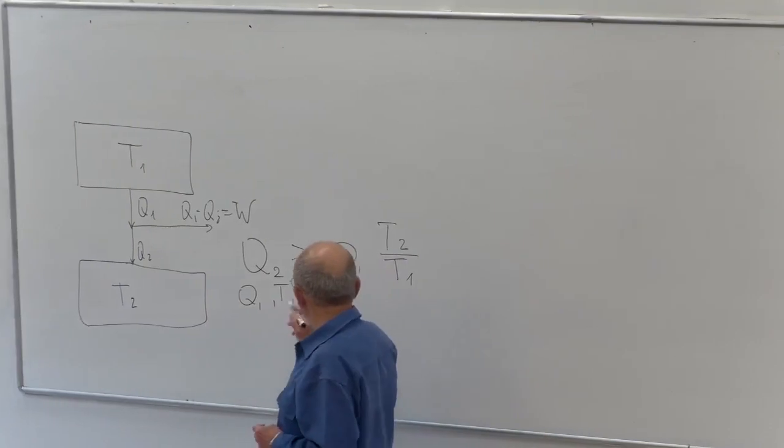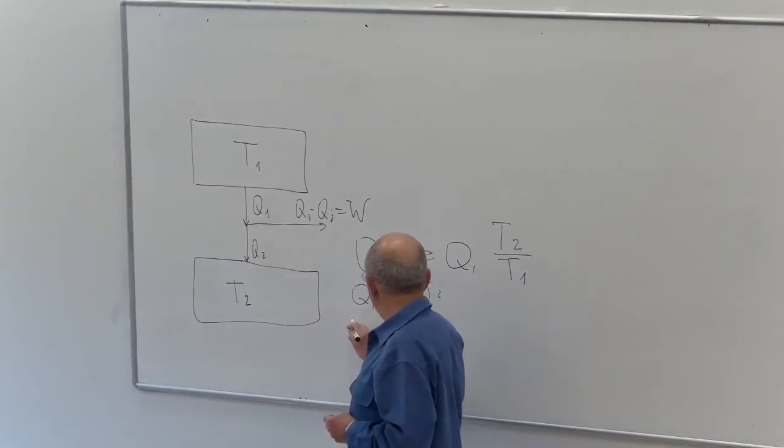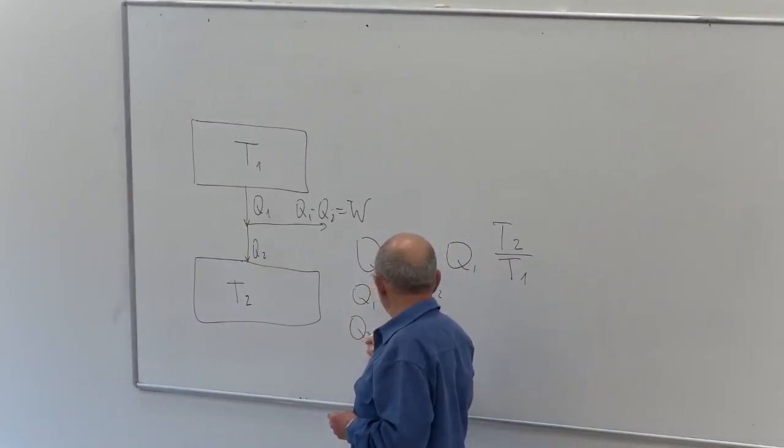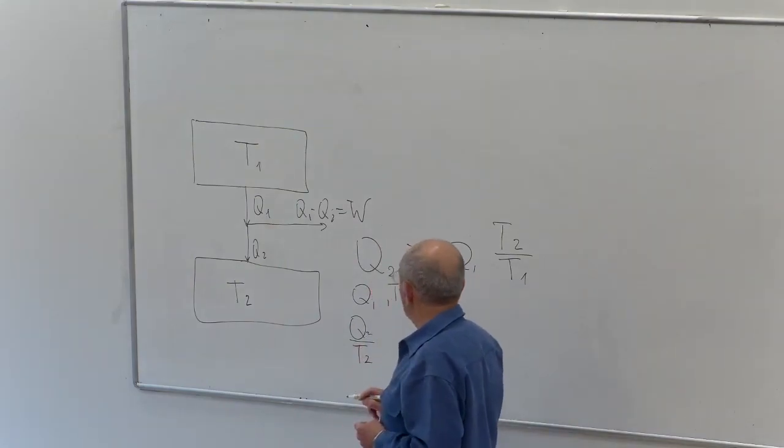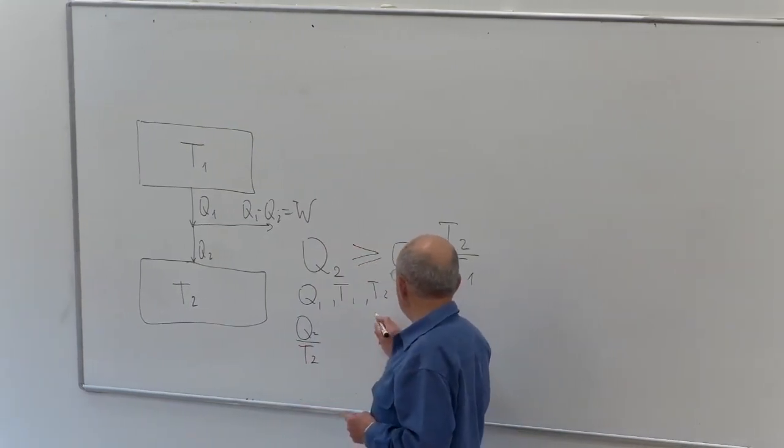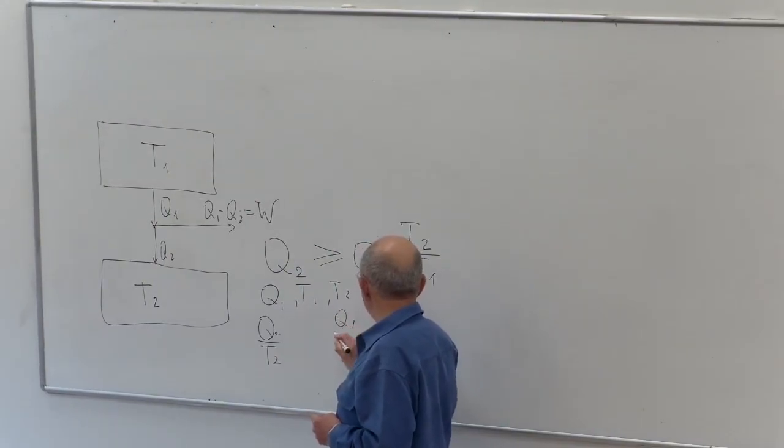Then you can also write it in the way which we will very often work, so that you can put all things related to the second body on one side and things related to the first body on the other side.